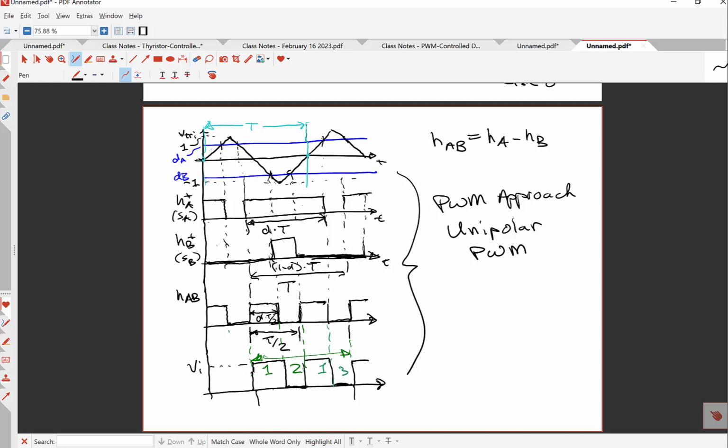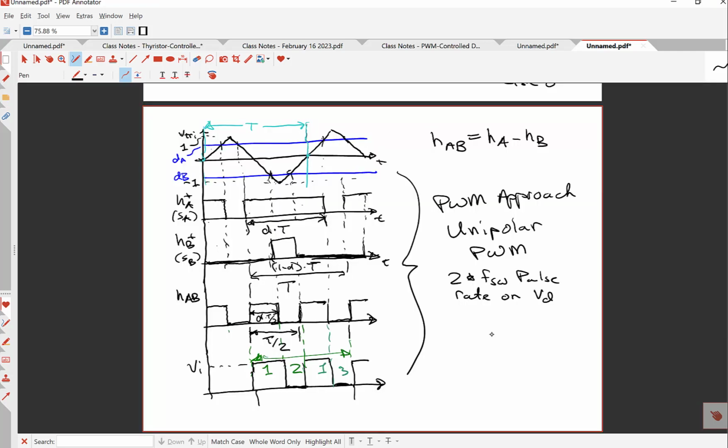And it is actually going to give us a 2 times switching frequency pulse rate on the VD that's applied to the drive.